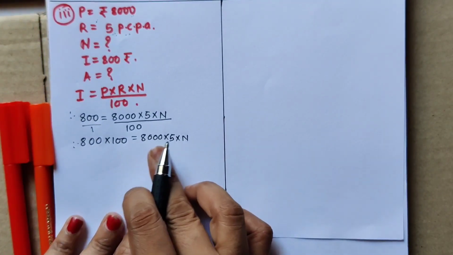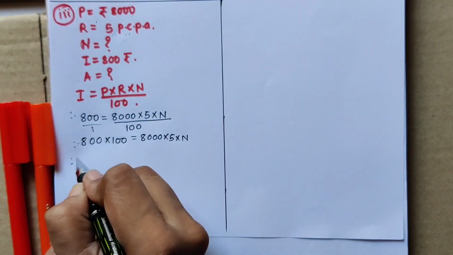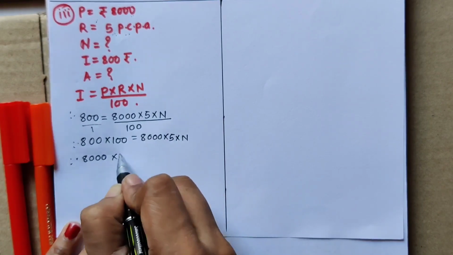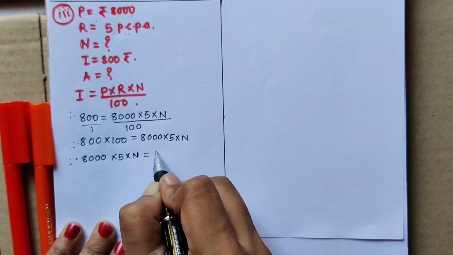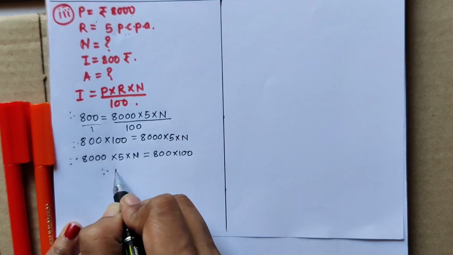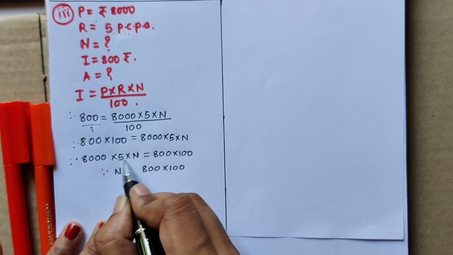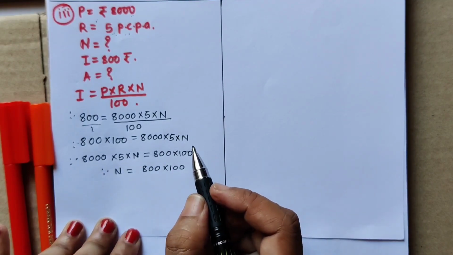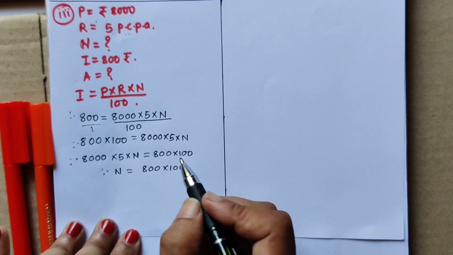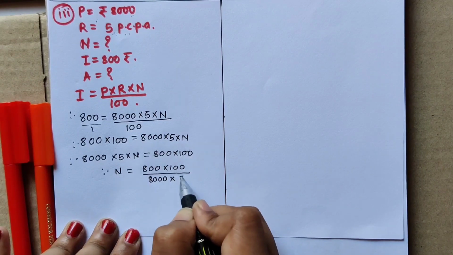Now I just exchange the sides. Right hand side I write on left hand side, and left hand side numbers I write on the right hand side. Now n as it is, I am writing 800 multiplied by 100, and this 8000 multiplied by 5 in the denominator.